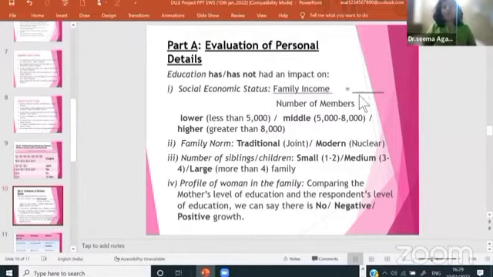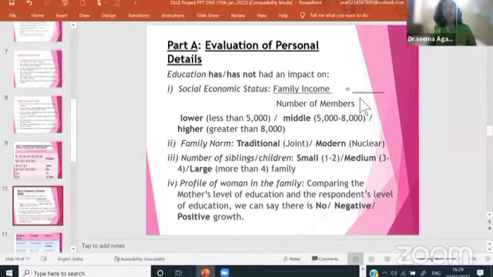Then we come to family norms. If the respondent's family is a joint family, then we can say that her family norm is traditional. And if her family is nuclear, we can say that her family norm is modern. Now we come to the third point, based upon the number of siblings or children. If the respondent is unmarried, we ask her for the number of siblings, and if she's married, we ask her for the number of children.